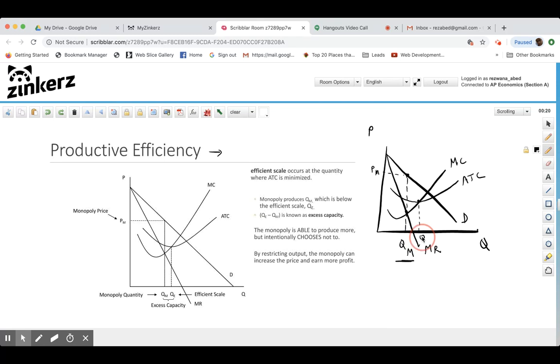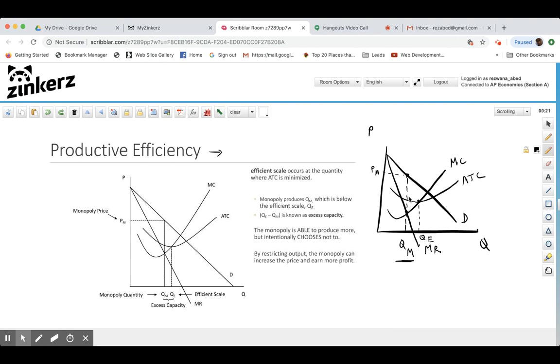So this quantity, we call this efficient scale. So this QE is called the efficient scale. This is the amount of output where, if you were to produce it, your average total cost would be at its minimum.